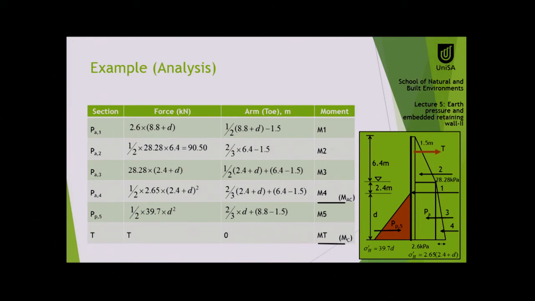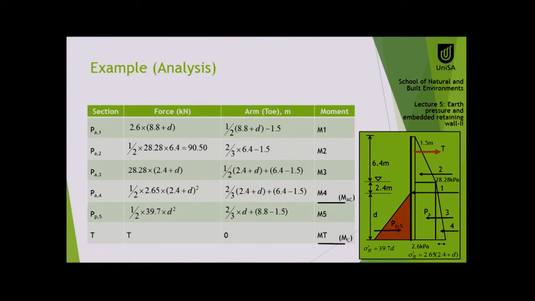So what I write, 2.65 times 2.4 plus d whole square, because two of them over there. The moment distance of this one would be 2/3 of the triangle height, so 2/3 of 2.4 plus d plus 6.4 minus 1.5 to come back to tie point.